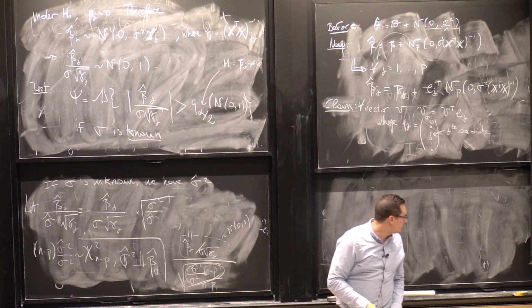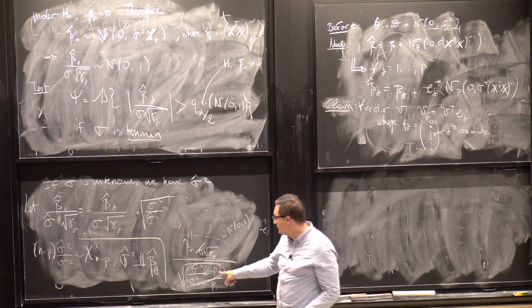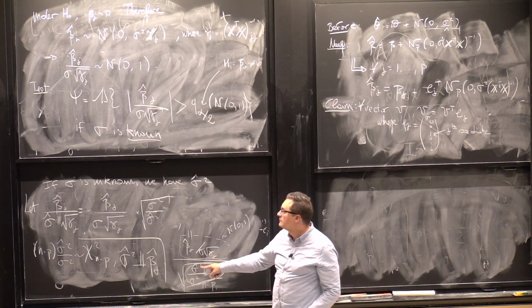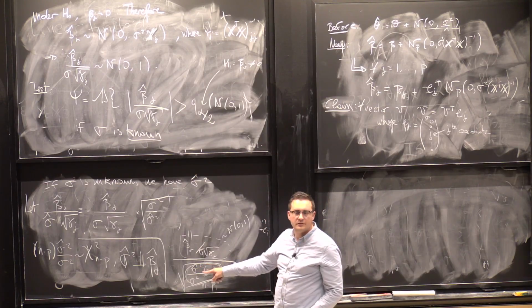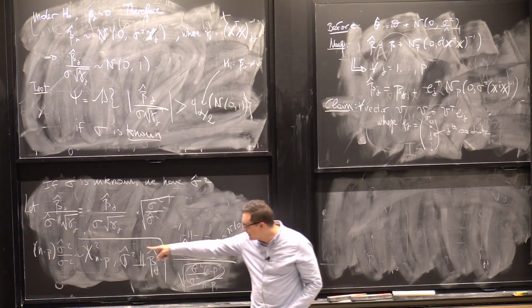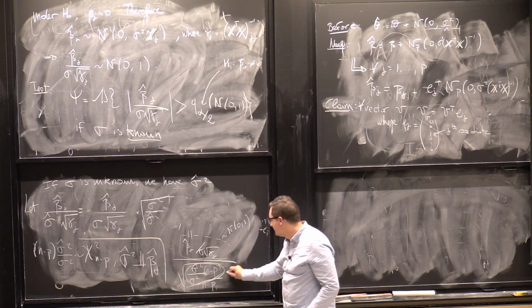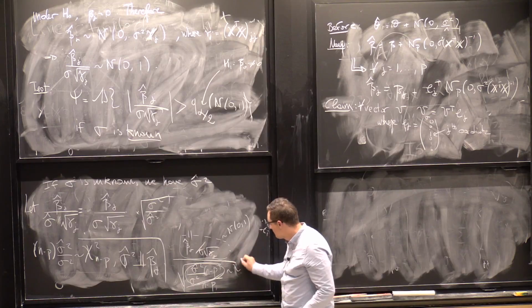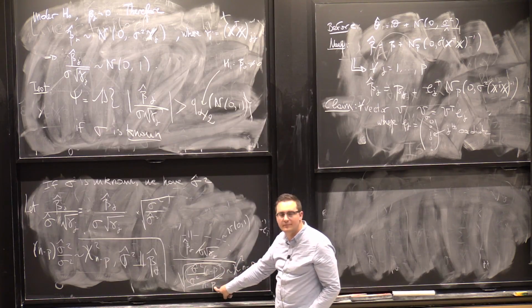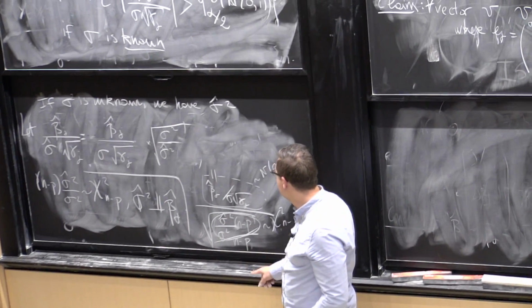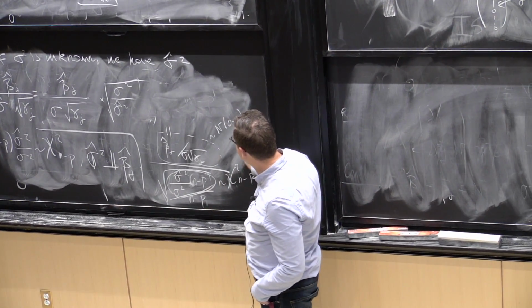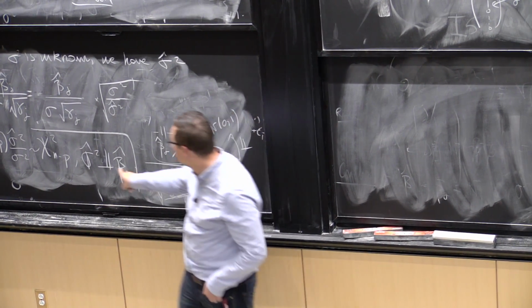Sorry, I don't think I have color again. Okay. So what is the distribution of this guy? This is still written on the board. It's the chi squared that I have right here. So that's a chi squared with n minus p degrees of freedom, divided by n minus p. The only thing I need to check is that those two guys are independent, which is also what I have from here.